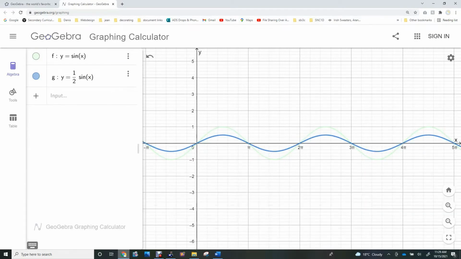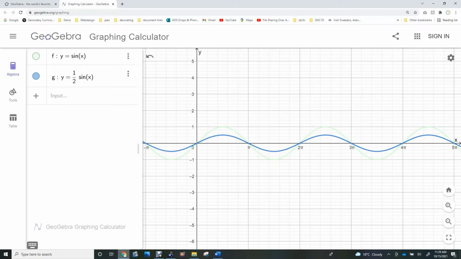Now we'll see that line in blue, and what we will notice is that instead of the highest point being at 1, it's now at 0.5. And when we look at the minimum point, instead of going down to -1, it went down to -0.5.